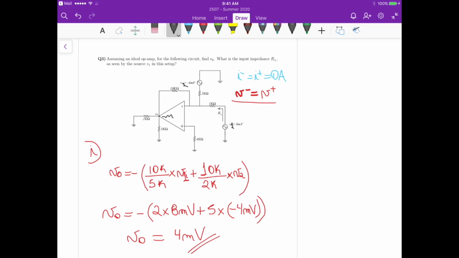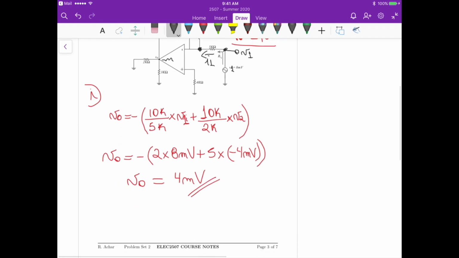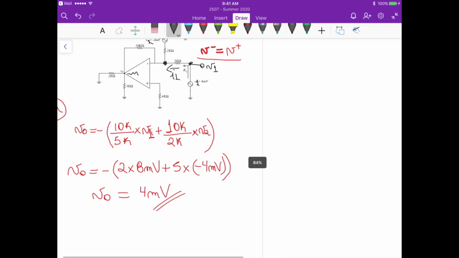If we say we have I1 flowing in this direction, and V1 is the input, let me put this here as part 2.